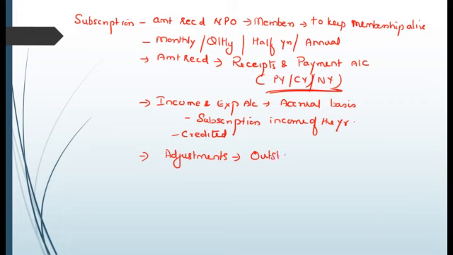Those could be the outstandings. There are two types: outstanding means the amount which has not been received yet. It can be outstanding at the beginning of the year, which is the previous year's closing outstanding, and the outstanding at the end of the current year.